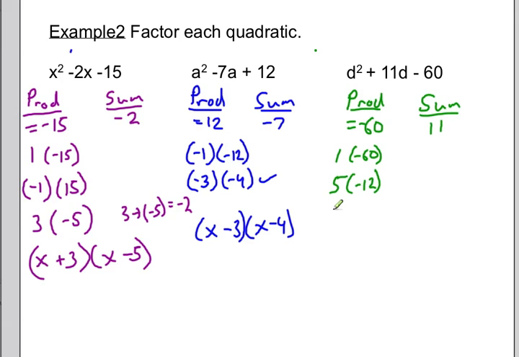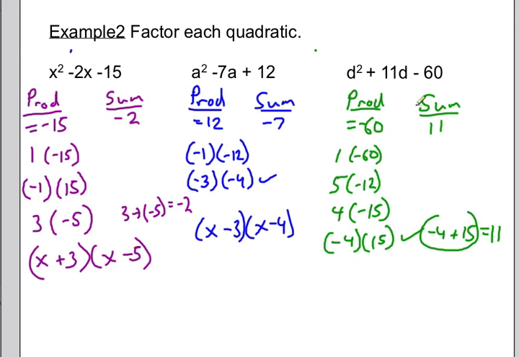So let's try other numbers, like 4 times negative 15. If you add them, you get a sum of negative 11. So we're going to try negative 4 times positive 15, and they give you a sum of positive 11. So those are our numbers, negative 4 and 15. So it's going to factor to x minus 4 times x plus 15.